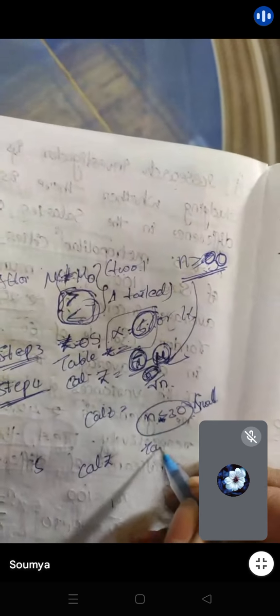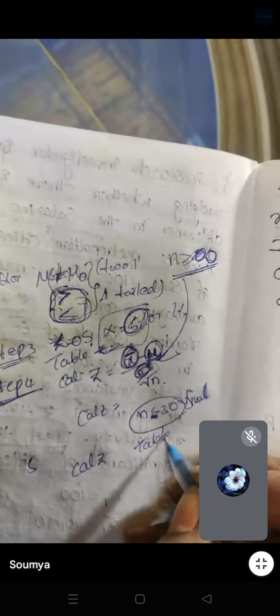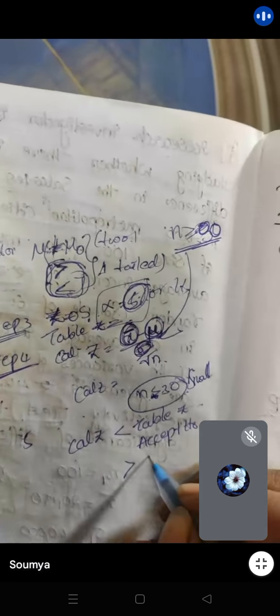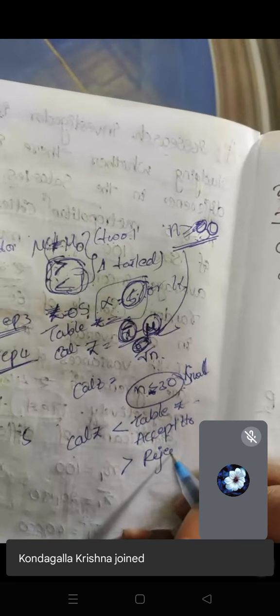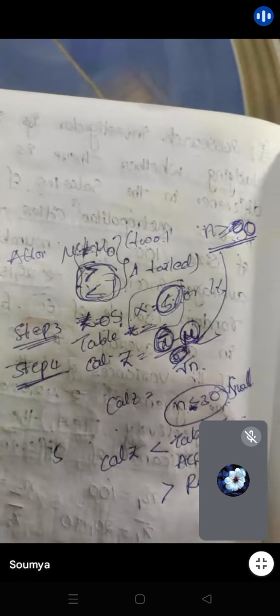So, the last step, step 5: you have to compare the calculated z with the tabulated value of z. If it is less than, then accept H naught. If it is greater than, reject H naught. So you have to know this procedure.